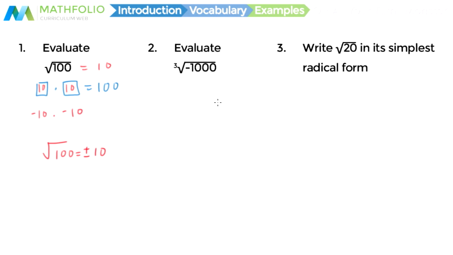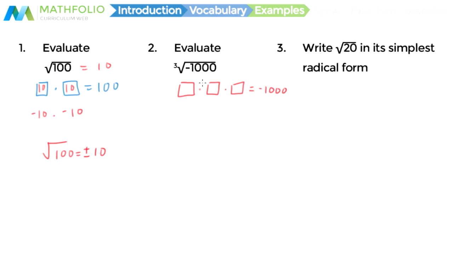Okay, for number 2, we're looking at the cube root of negative 1000. This looks like one that we did earlier. So we're looking at which number times itself 3 times gives you negative 1000. Here we've got to be a little careful.